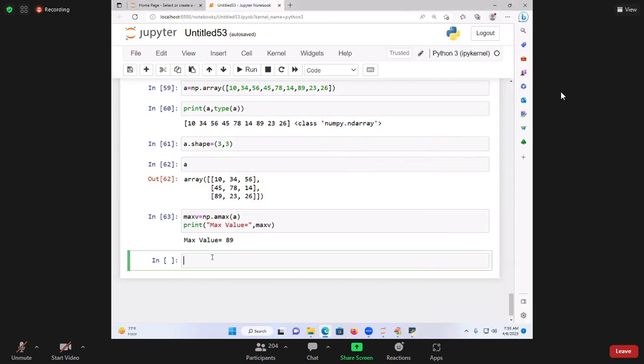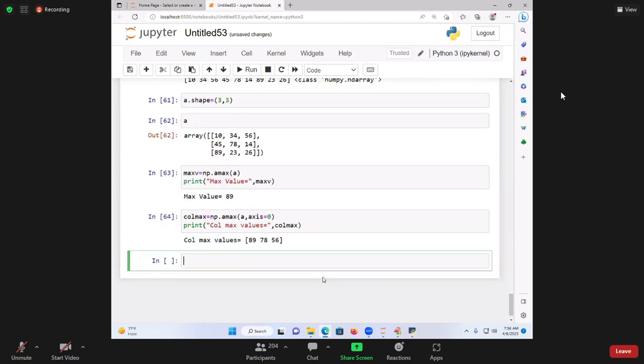Coming to the point. Column max, colmax is equal to np dot amax of A comma axis is equal to 0. Print column max values comma colmax. Is the column max data coming or not?